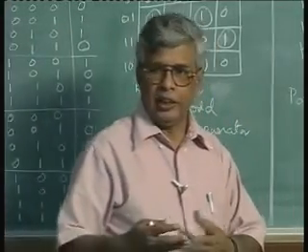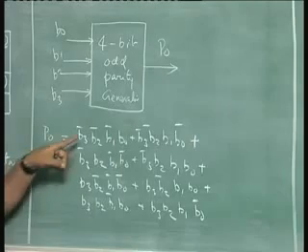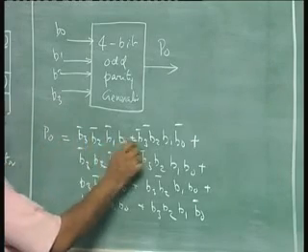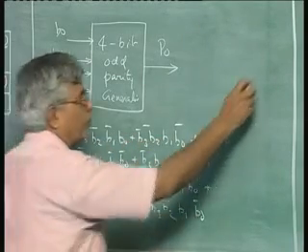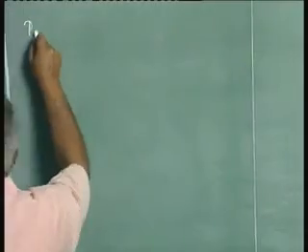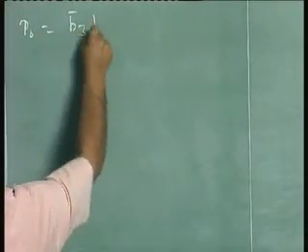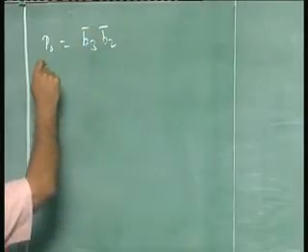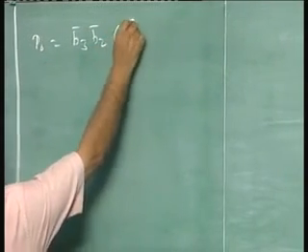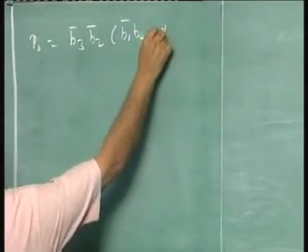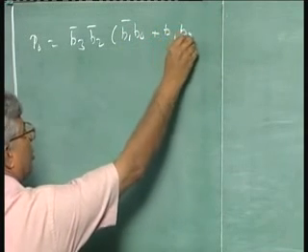As you can look at the pattern, you can simplify this. This is common, so I can combine these two terms as B3 bar, B2 bar, times B1 bar, B0 plus B1, B0 bar.